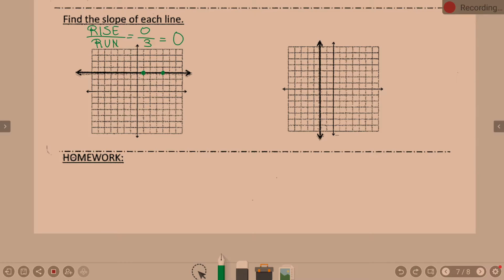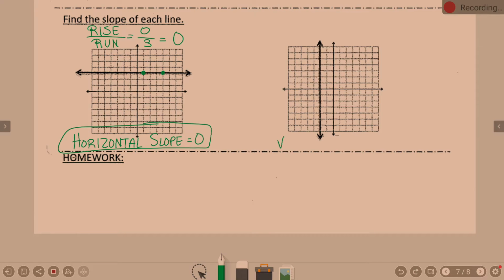What's the lesson to be learned here? A horizontal line always has a slope of 0. Every single time. Because when you get 0 on top of something, you get 0.